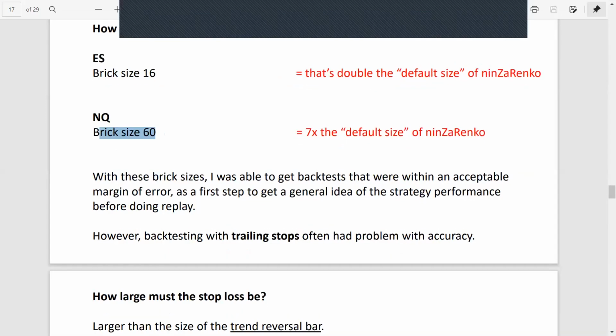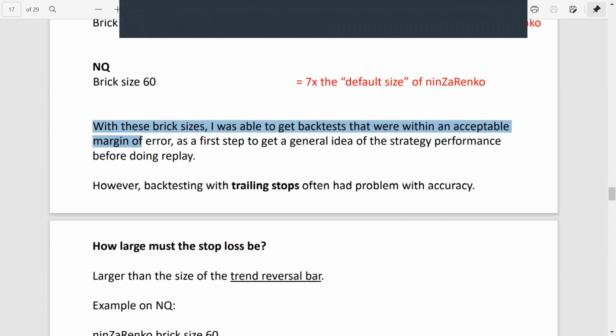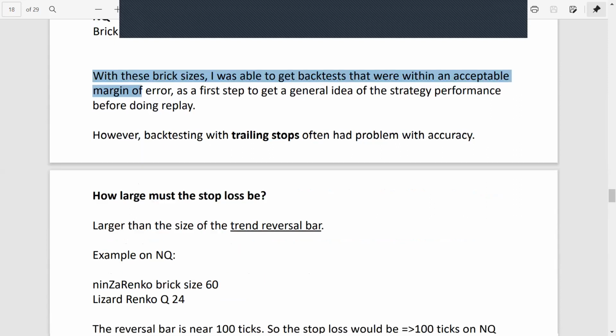So when you backtest for NQ on Ninja Renko, you get over 80 to 90% accuracy, but you have to go to a large size, not 8. On NQ it's going to be 60. So with these brick sizes, I was able to generally get a good idea of the strategy performance before doing replay. That saved me a lot of time.